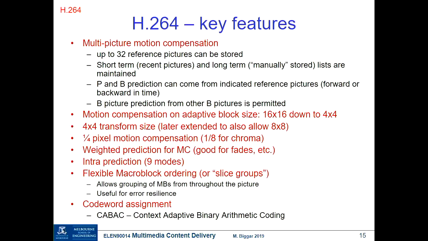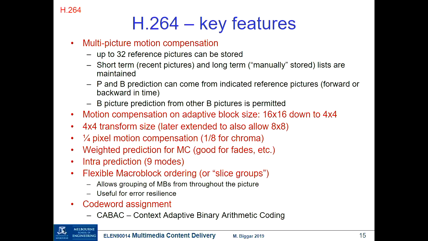Anything that can be predicted is, basically. So again, I'm not expecting you to memorize the features in these things, but just a bit of a feel for some of the technologies or some of the approaches that are used within this H.264. Large number of reference frames, up to 32 reference frames could be used for motion compensation.